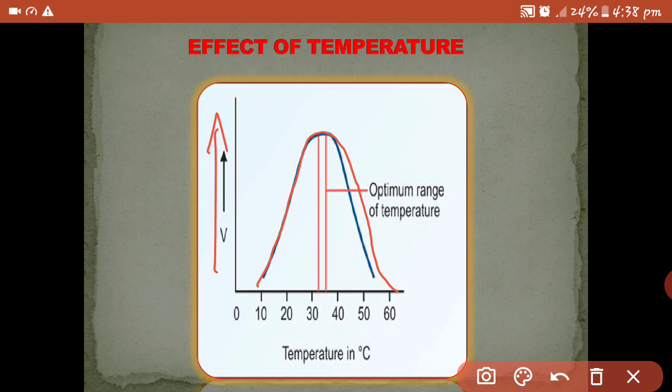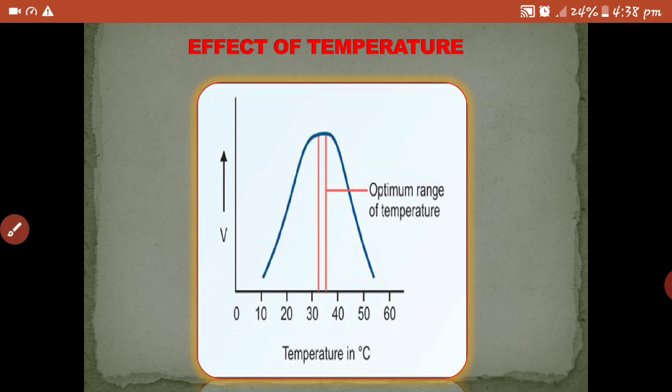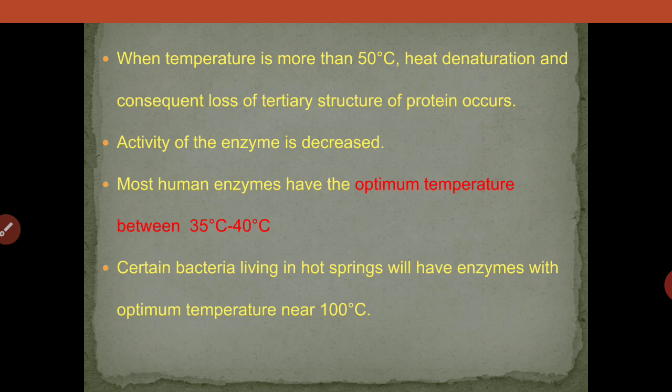The reaction velocity is on the y-axis, whereas on the x-axis you are plotting the temperature. Increasing the temperature increases the velocity, and further increasing the temperature makes the velocity fall. This particular temperature is called the optimum temperature of that enzyme. At this temperature, maximum conversion of substrate into product will be observed.